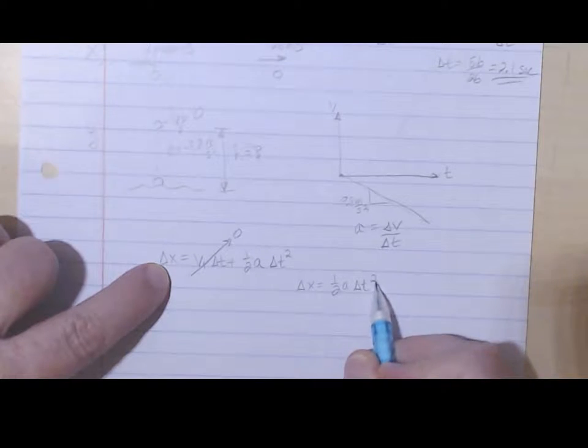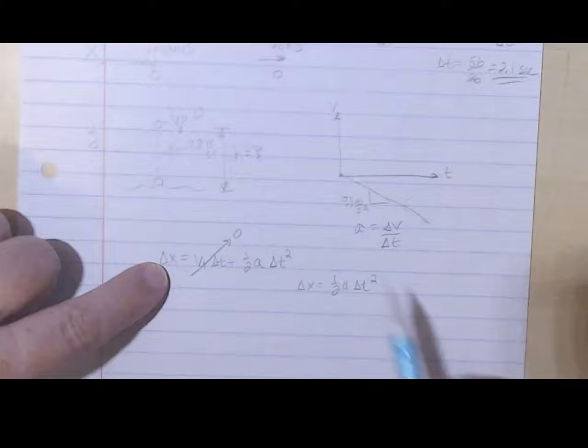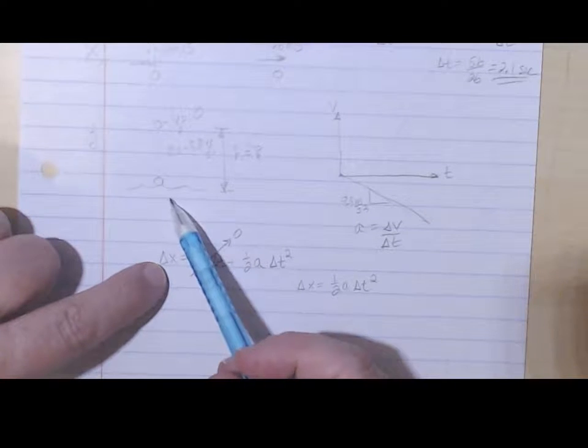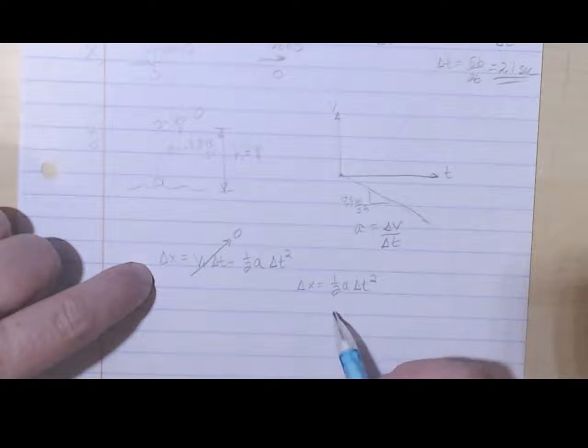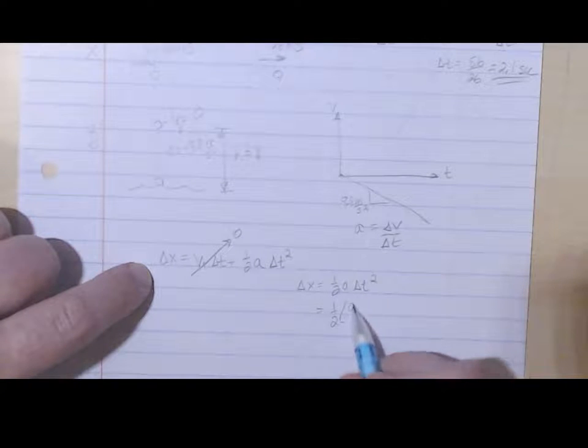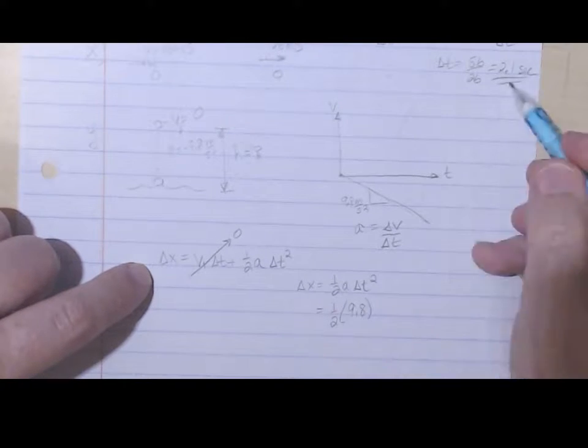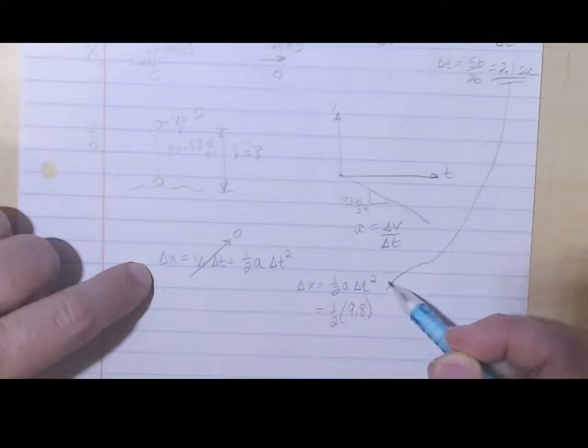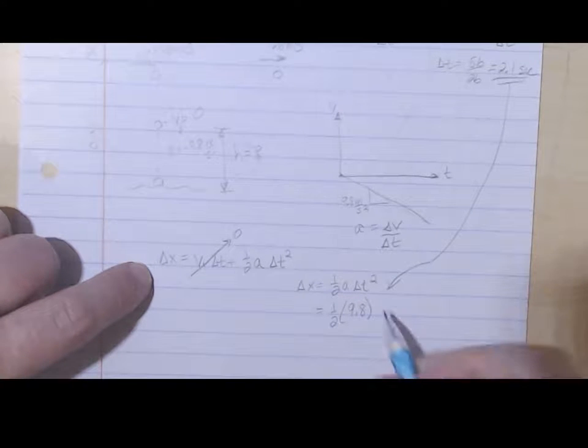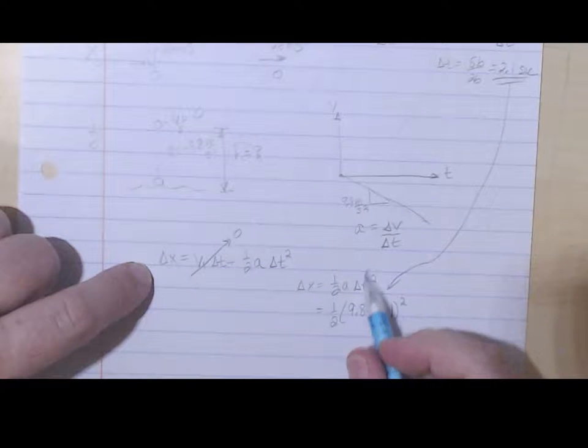Again, this is just like you were doing your free fall problems before, because it is. It's just a simple one-dimensional free fall problem. Let's plug in what we know. We know our free fall acceleration is 9.8, and I now know my time because I calculated it up here from the x. So I put in 2.1. Don't forget to square it, right?